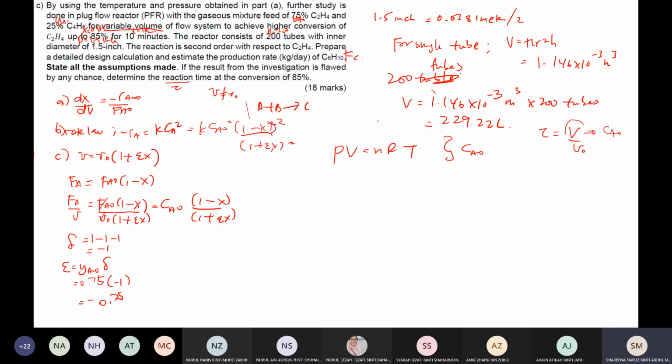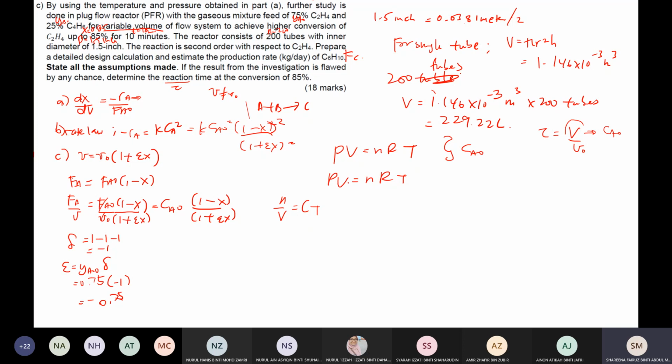So daripada situ, this is a mixture in a gas phase total. So yang you dapat ni sebenarnya adalah total tau, bukan single. So what you need to calculate is PV is equal to nRT. So remember N over V ni sekarang mewakili untuk total. So daripada situ masukkan balik.